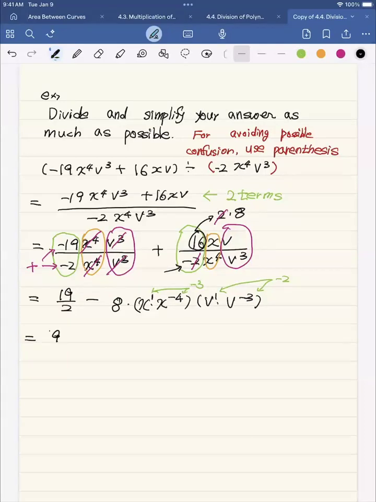So we can rewrite that as 19 over 2 minus 8 times x to the negative 3 power, v to the negative 2 power. So that's 19 over 2 minus 8 over x cubed v squared. This is negative, so I located x and v in the denominator.